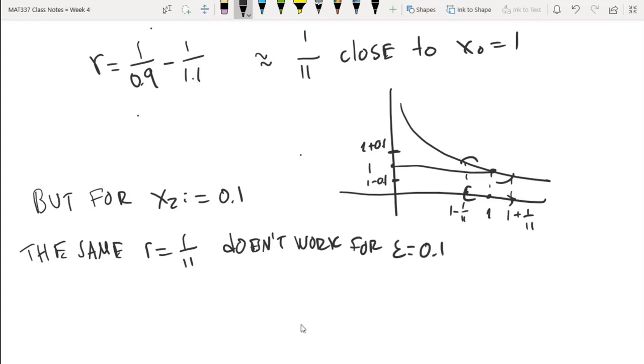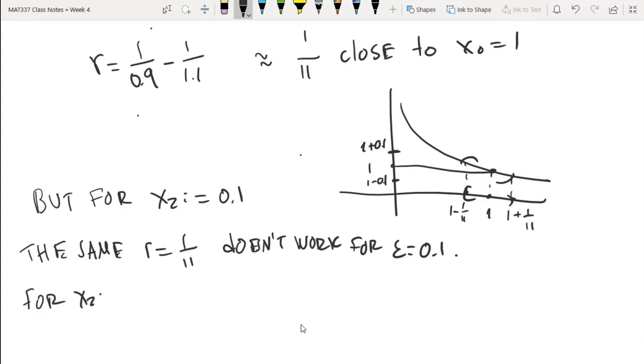What do we mean by that? So let's see. Again, let me write what the statement is.